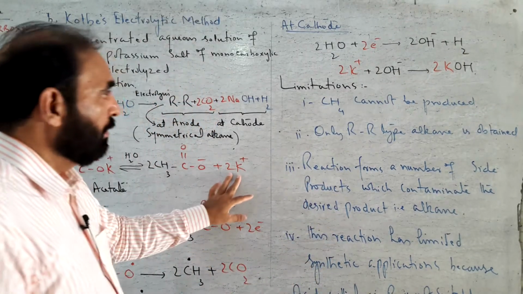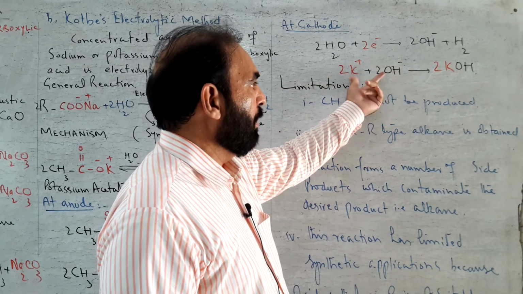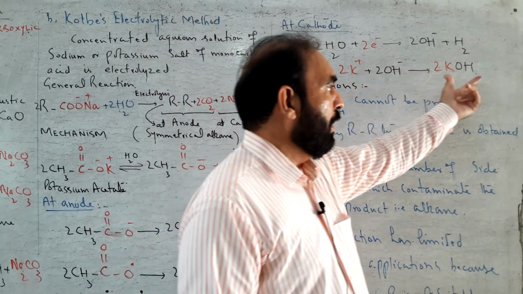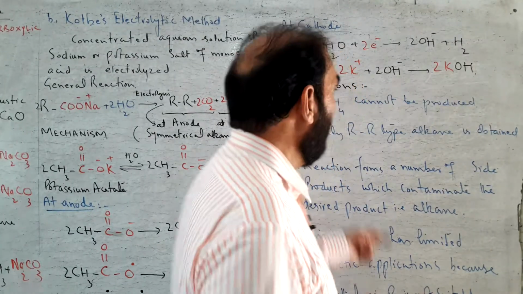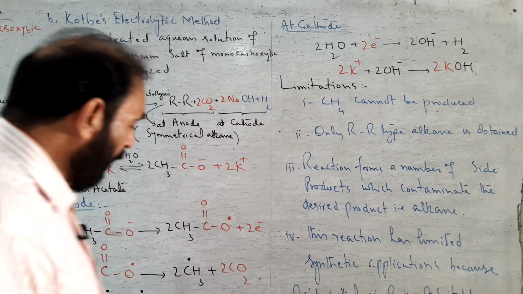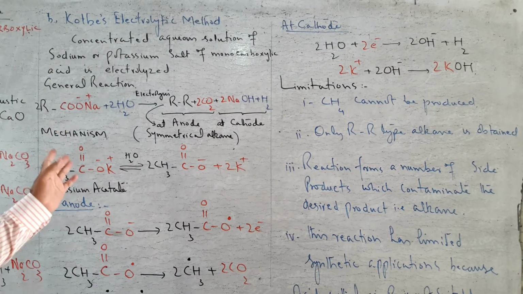Potassium ions and hydroxide ions combine together to form potassium hydroxide. These 2 products are obtained at the cathode.